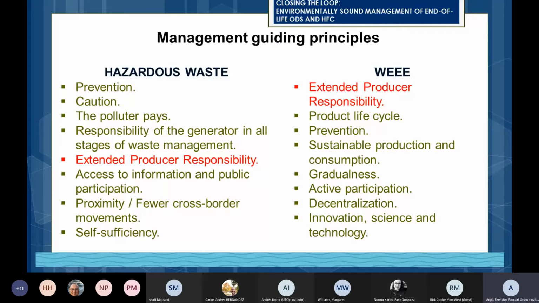In the case of WEEE, we again have the extended producer responsibility, the product life cycle, prevention, sustainable production and consumption, gradualness, active participation, decentralization, and then innovation, science, and technology as guiding principles for this management. Next one.